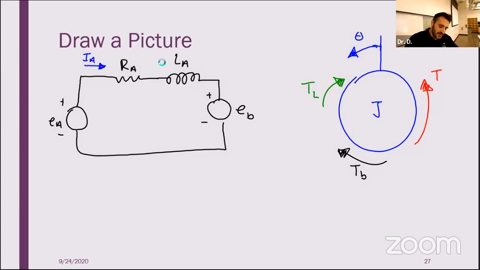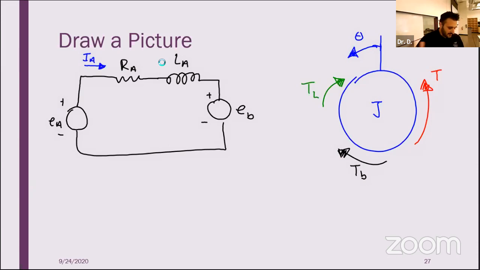In order for you to get your motor to start, you need to overcome the load torque. You need to overcome the inertia of whatever it is attached to. Think of it as having a flywheel attached to a motor, right? That flywheel has some weight associated with it. You need to produce a certain amount of torque to even get it to start moving, right? That's our load torque.